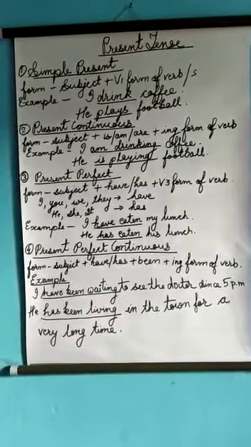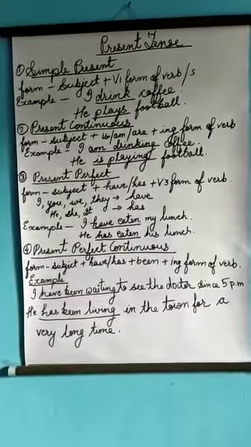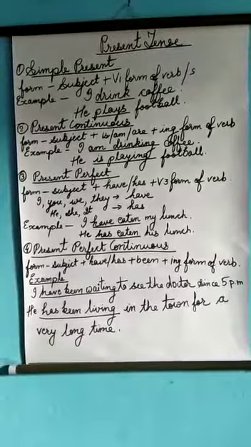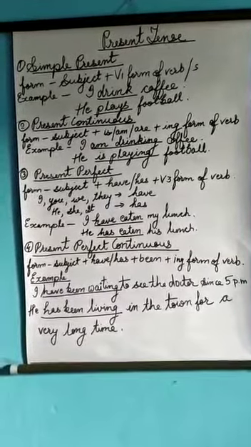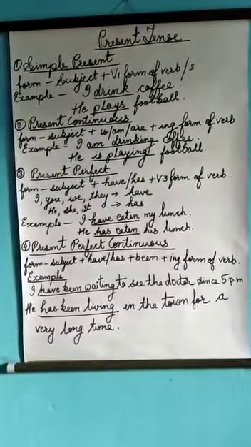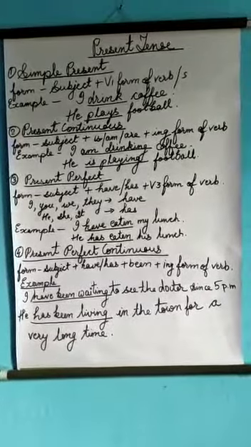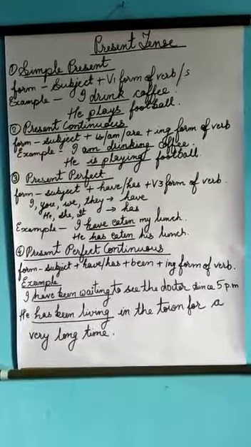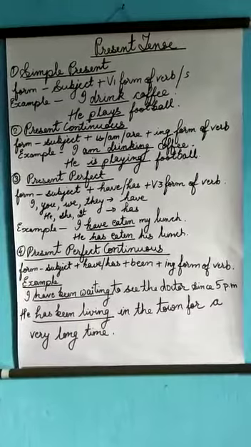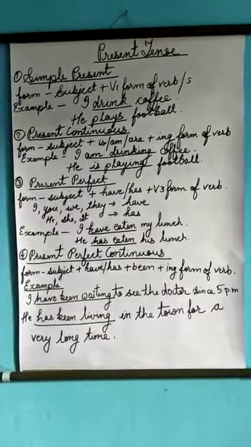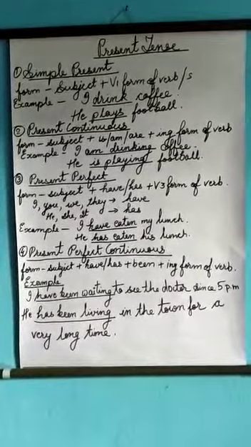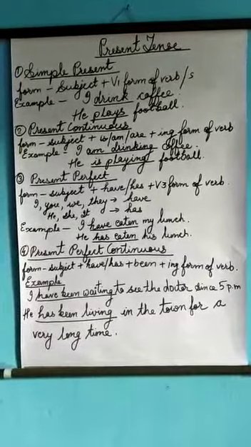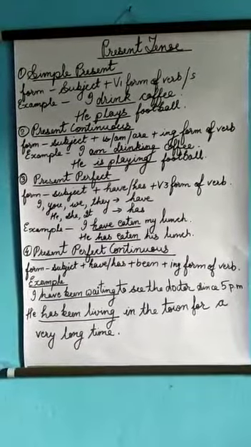Here you have the subject I plus a helping verb am and ing form of verb of drink, that is drinking. Similarly, in the next example, he is playing football. So according to the subject he, you choose a helping verb is and then the ing form of the verb play, playing. So he is playing football is a sentence in present continuous.